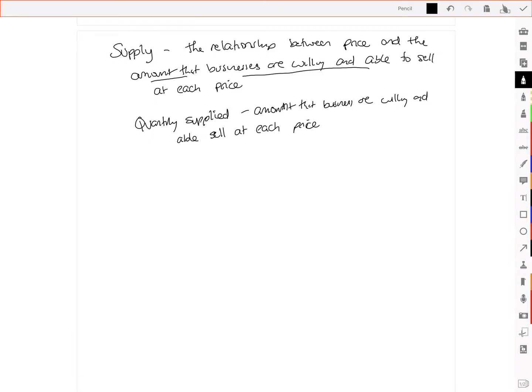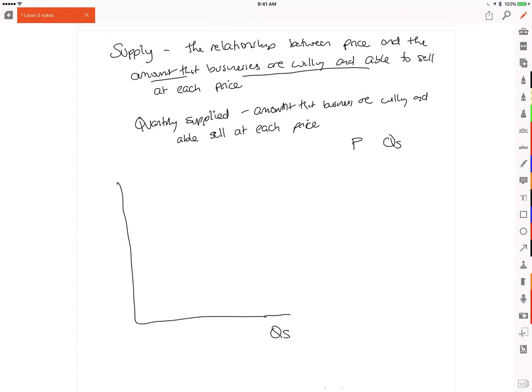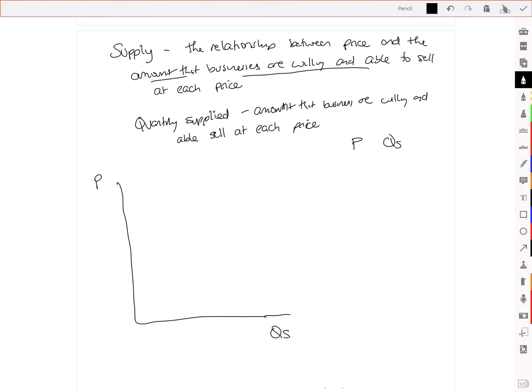So when we talk about supply, really we're looking at the relationship between price and quantity supplied. So we can graph this relationship by putting price on the vertical axis and quantity supplied on the horizontal.